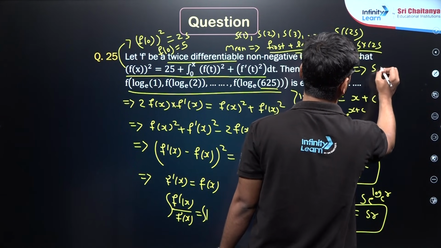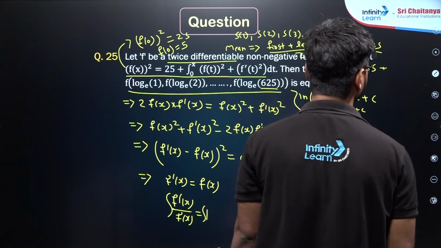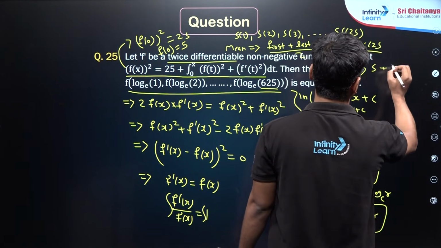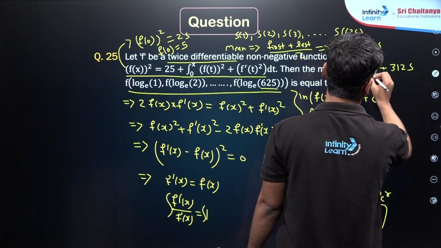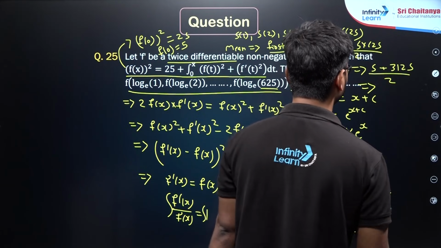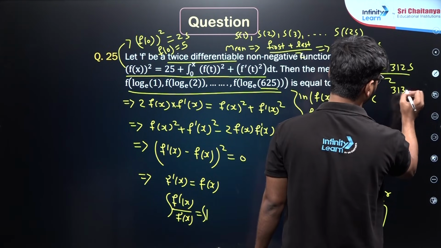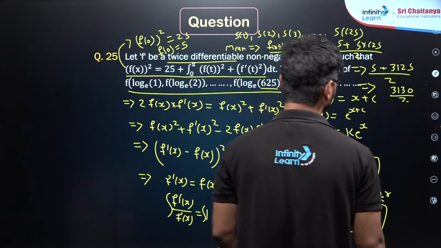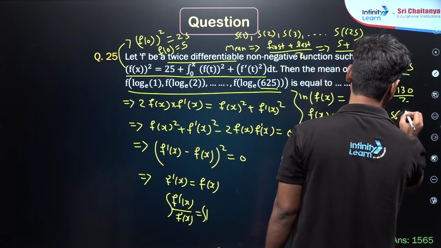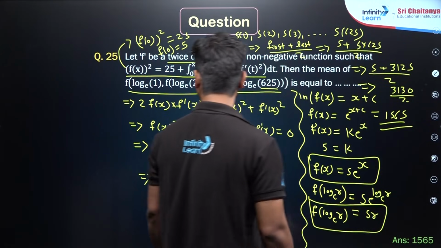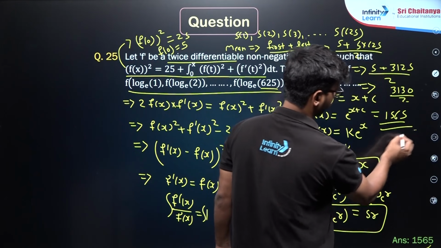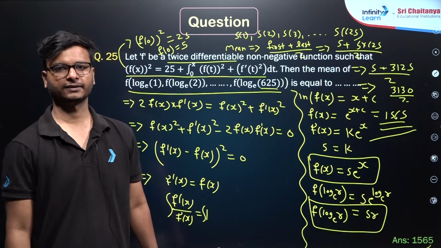From here, 5 5s are 25, so it will be 3125 upon 2. Correct? So here I am going to get 3130 divided by 2. Finally we are going to get the answer as 1565. It's a numerical answer, so the answer is 1565 here. So as simple as that.